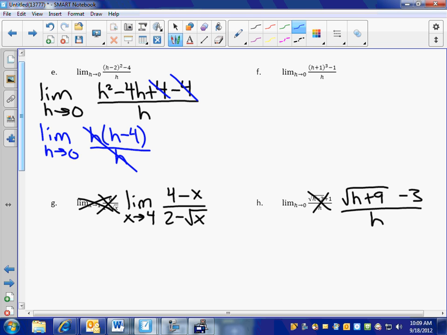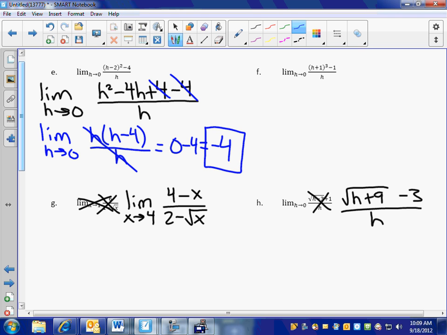They cancel. Yes. Can we now plug in 0? That is the limit of this function as h approaches 0.